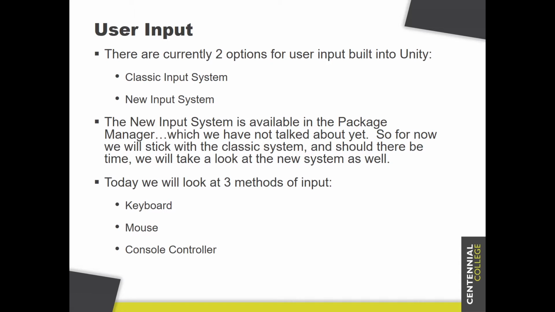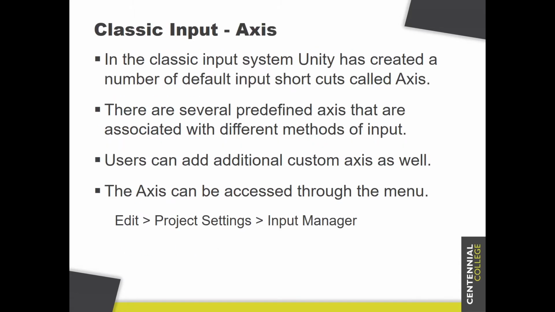Instead, you have to go into the package manager and download and install it, and we haven't talked about that yet. So for now, we're going to talk about the classic input system. If at a later date they've integrated everything so that there's no longer a classic input system, then we'll talk about the new input system in Unity. Or maybe we'll even do it at the end of this series. Who knows? But for now, we're going to talk about the classic input system.